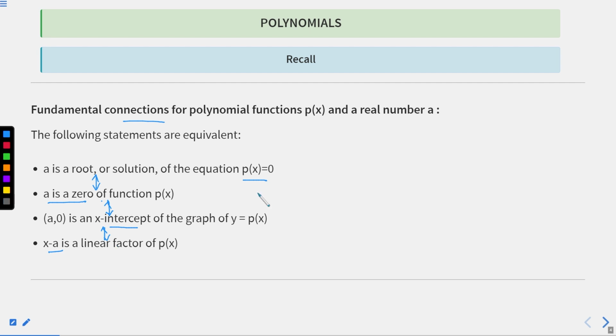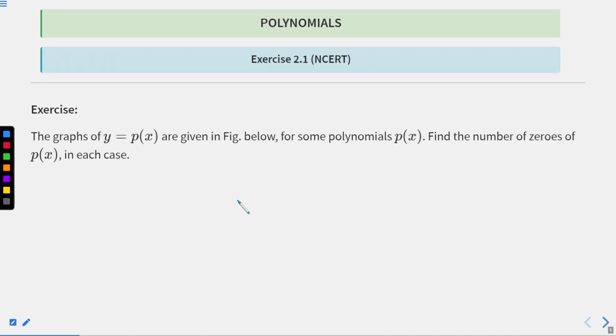This is how you can show all these statements are connected to each other, that is, these four statements are equivalent. Now come to exercise 2.1.